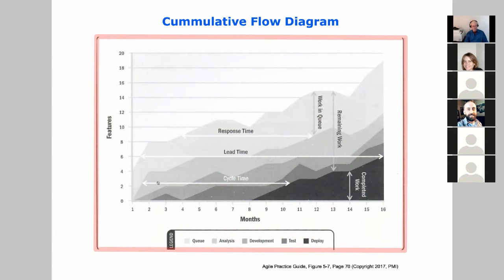So there's in the queue, light gray, darker gray is analysis phase, and darker gray is development phase, and the darker gray is test phase, and then finally deployed. So we have these different timings. So from the very beginning to the very completion, that's our lead time. Our cycle time is from when we actually start work till it's completed.